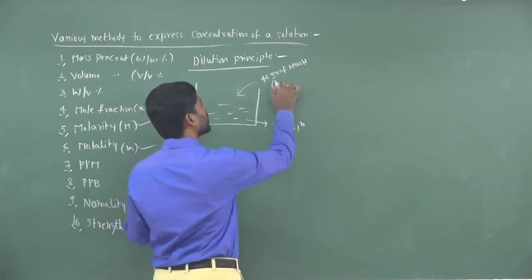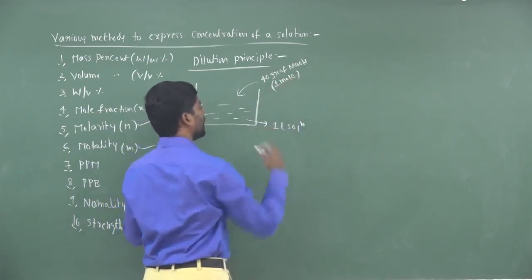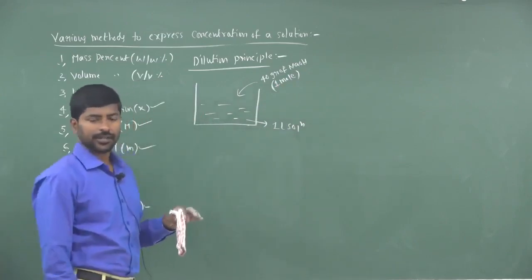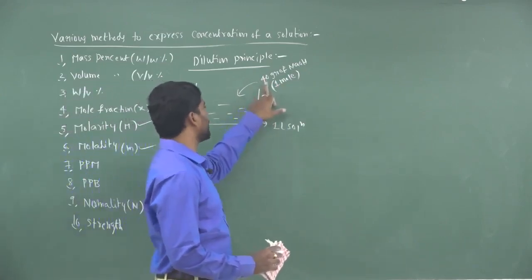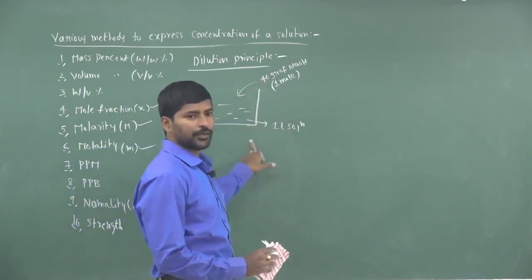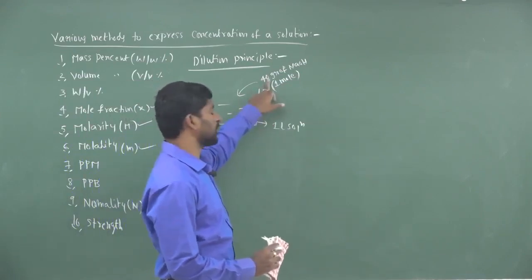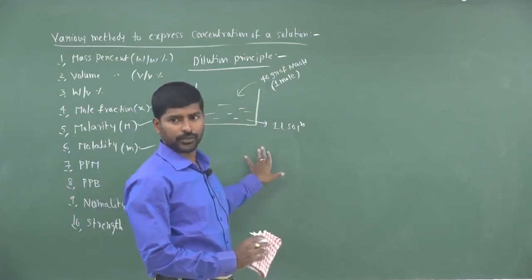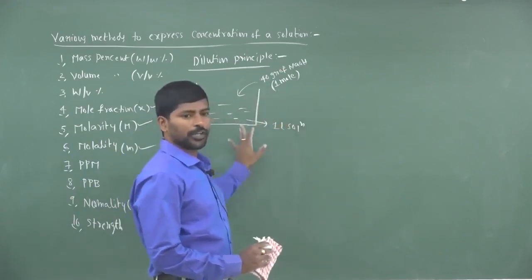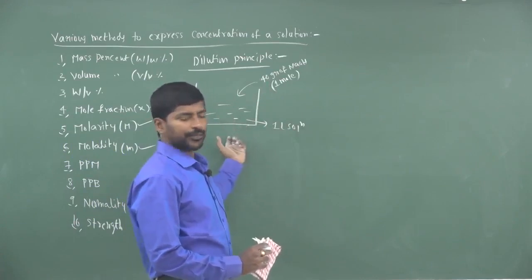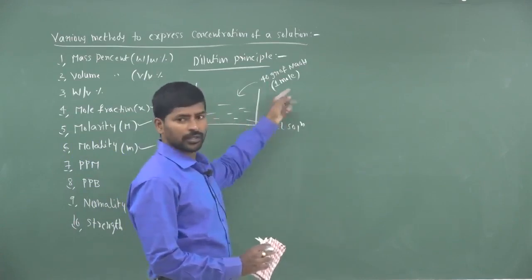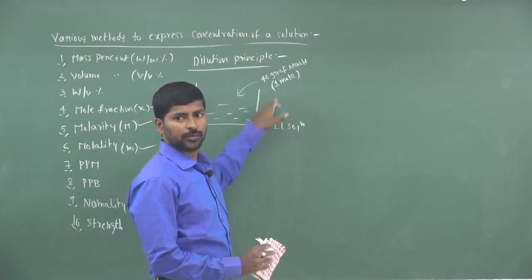So we are taking 1 mole of NaOH. 40 grams of NaOH, or 1 mole of NaOH, is present in 1 liter solution. So what is the molarity of this solution? Number of moles by volume in liters, 1 by 1, so 1 molar.